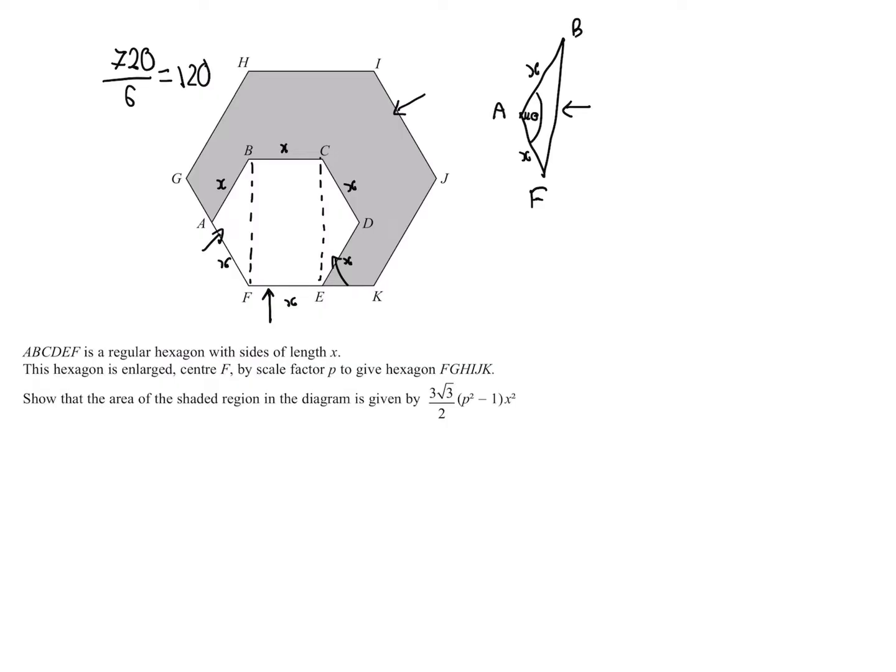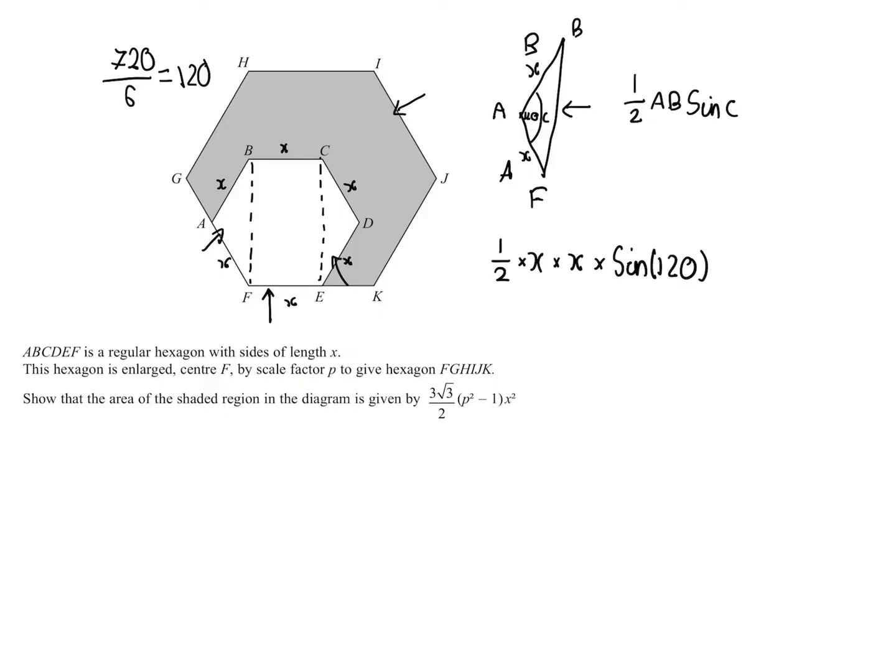So how can we find the area of this triangle? Well, we have the formula half ab sine C. And we have a as x, b as x as well, and C as 120. So putting this into our formula, we're going to get the area of triangle ABF to be a half times x times x times sine of the angle, which is 120.